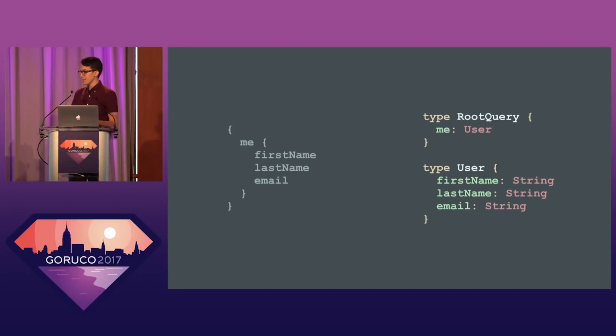You can think of it as a database schema, but instead of describing the structure of your database, we're describing the structure of what we can query. So if we break down this query, we can see that each part has a corresponding entry in the schema. The first is me, which returns a user type, which is defined down there below. The user type implements 3 fields, first name, last name, and email, all of which return what we call a scalar value. It's just a plain old string.